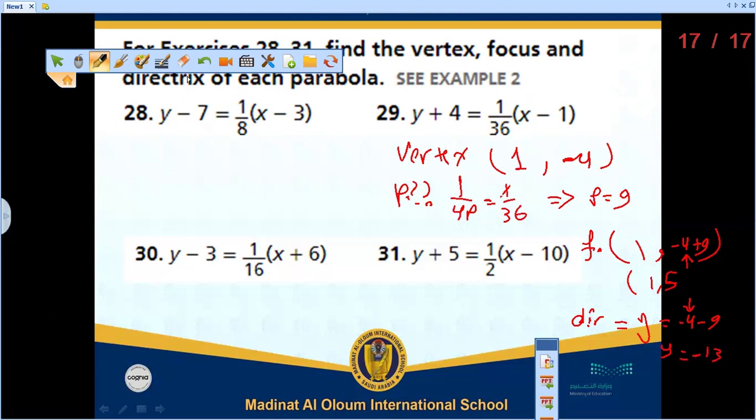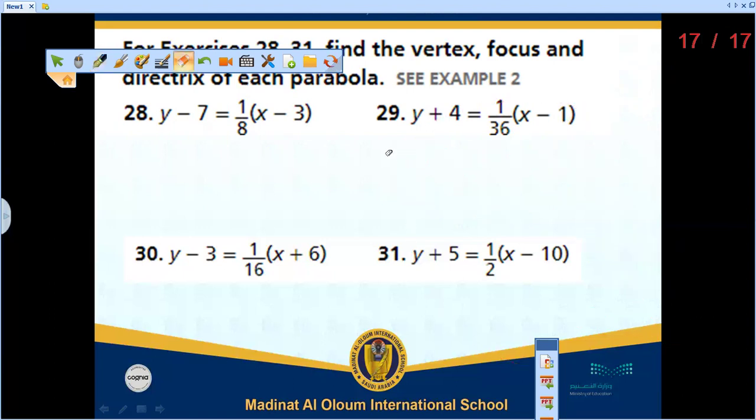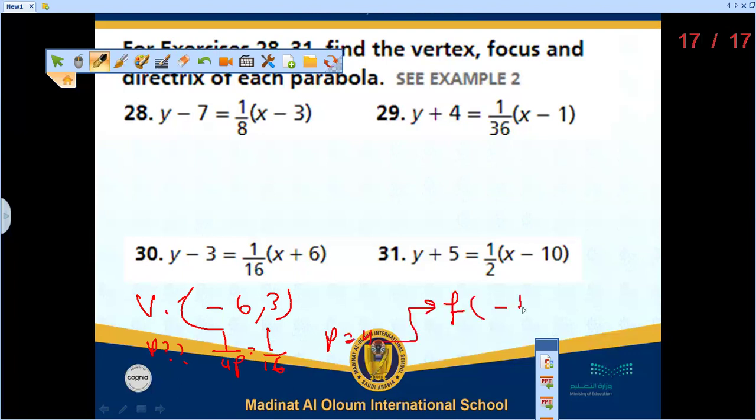Let's do number 30. What is the vertex? My vertex is negative 6 and 3. My P, how would we get P? 1 over 4P equal 1 over 16. By using shift solve on the calculator, my P is 4. To get the focus, I'll add this 4 to 3.